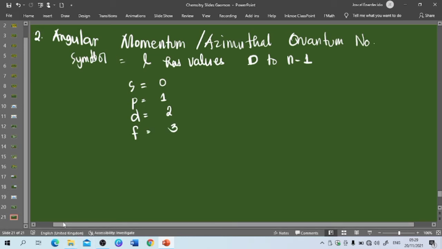So what does this angular momentum or azimuthal quantum number tell about? Well, this one describes the shape of the orbital.